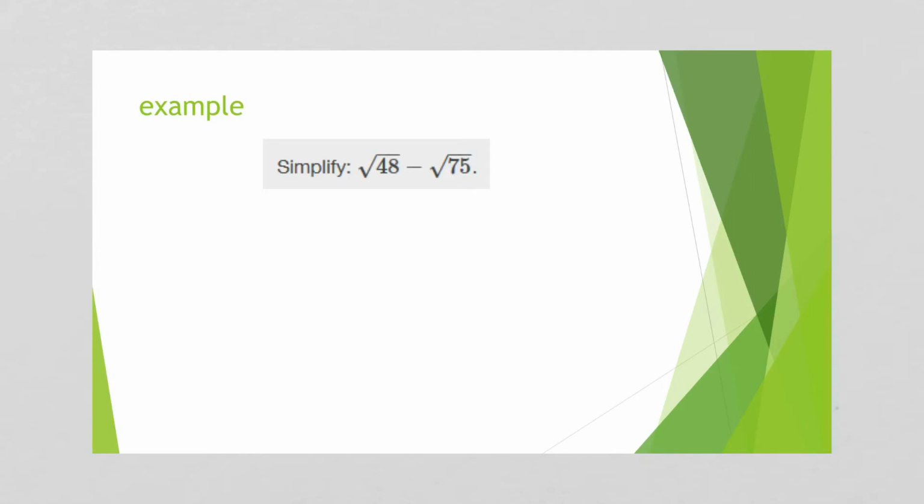So let's talk about perfect square numbers that can go in this. Let's see here, 48. I think 16 goes in there. 16 times 3 minus the square root of, and a perfect square number that goes into 75 is 25 times 3.